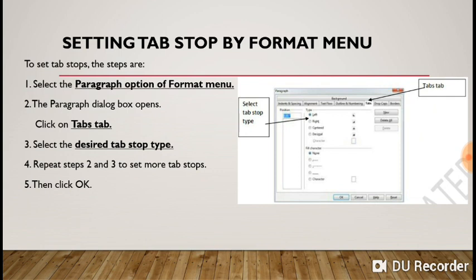Firstly, setting a tab stop by the Format menu. For that, select the Format menu and click on the Paragraph option. We have already seen the Paragraph dialog box, and you can see the Tabs tab indicated on it. Whenever you select Tabs from the Paragraph dialog box, it will show all the options related to the tab setting.